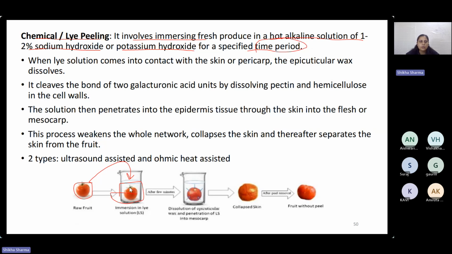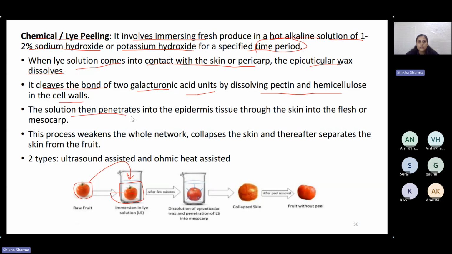We should dip the fruits. When the lye solution comes in contact with the skin or the pericarp, what will happen? The epicuticular wax dissolves and it cleaves the bond of the two galacturonic acid units by dissolving the pectin and the hemicellulose in the cell wall.